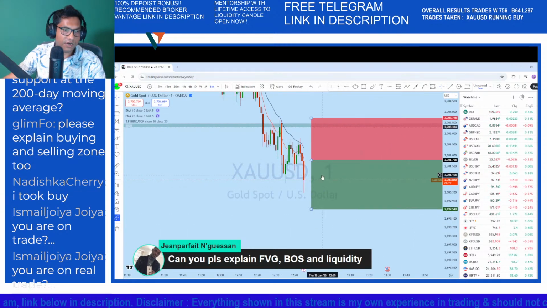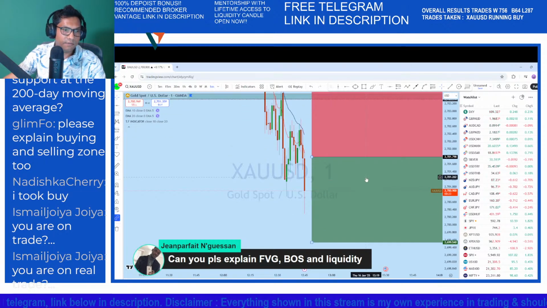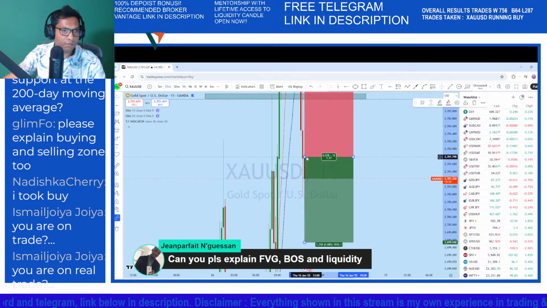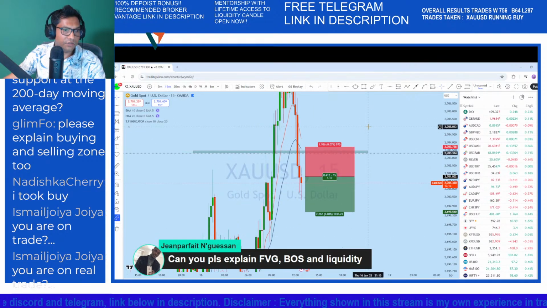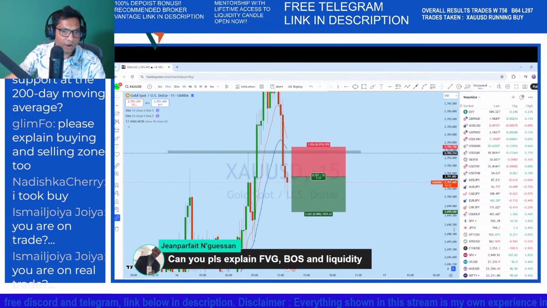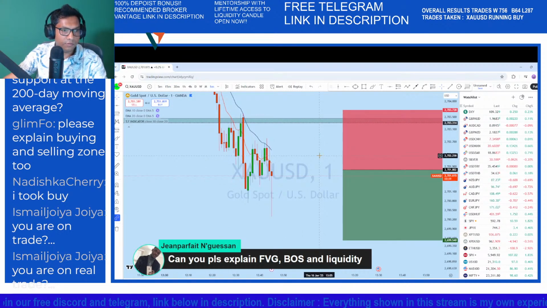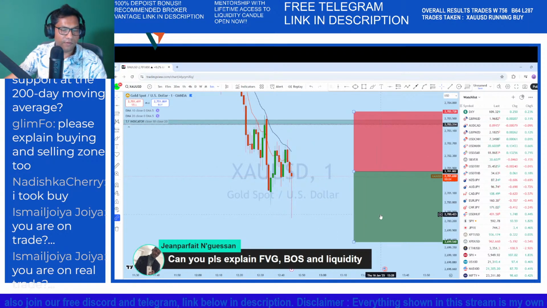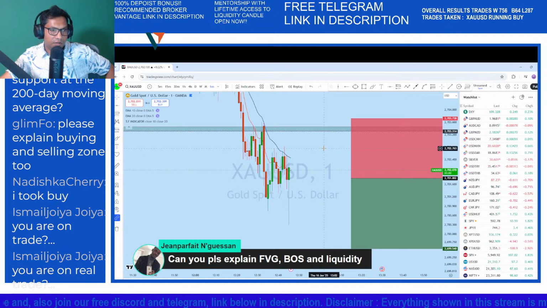Right, so you can see the market is in a trend at the moment. Okay, so this is bearish price action so far. Come on. Whenever it's trying to drop, it's getting rejection here.